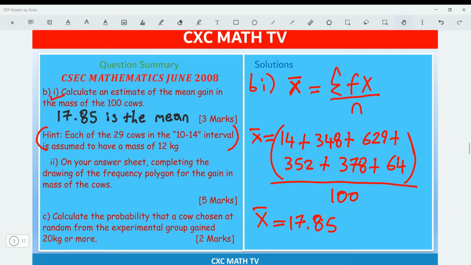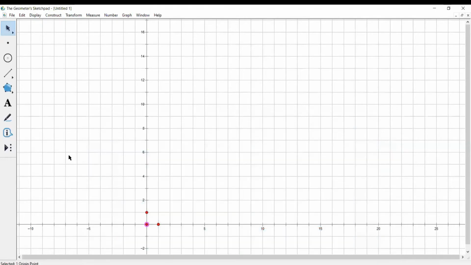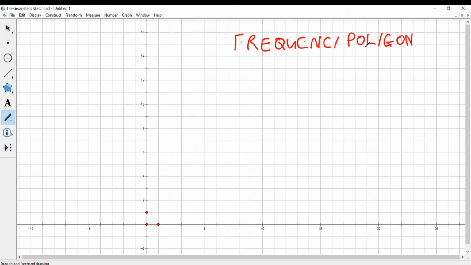All right. So for your frequency polygon, I'm just writing frequency polygon. For your frequency polygon, remember it's frequency on the y-axis and then the midpoint on the x-axis.